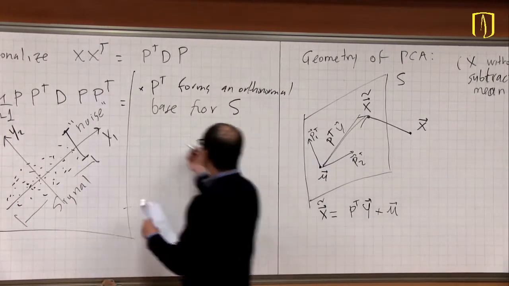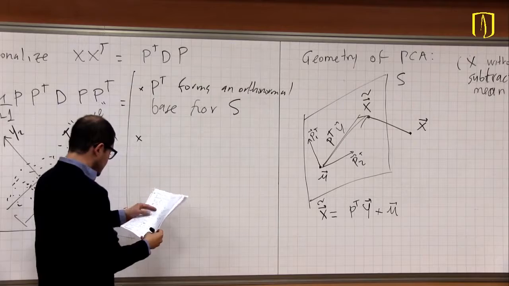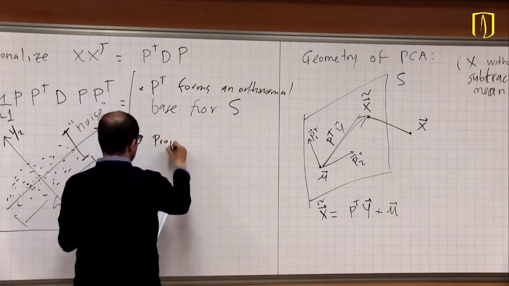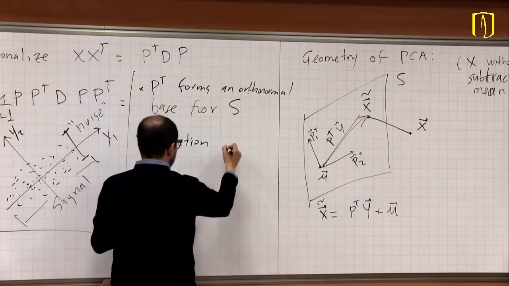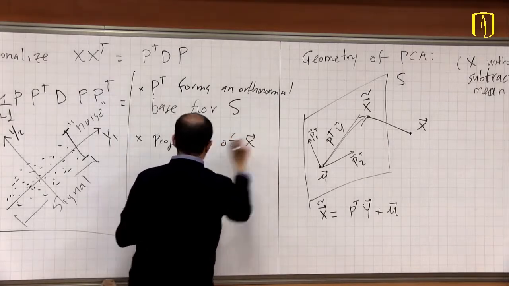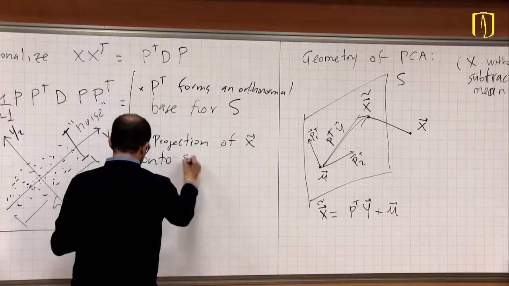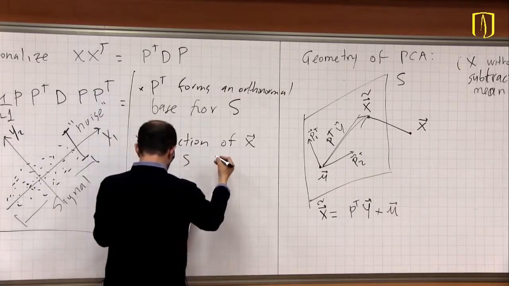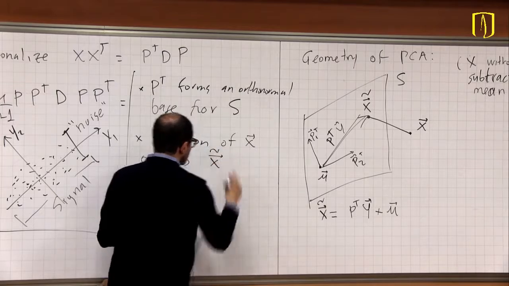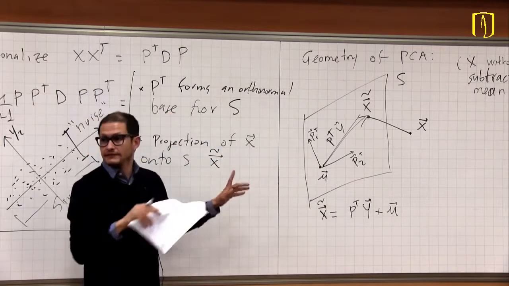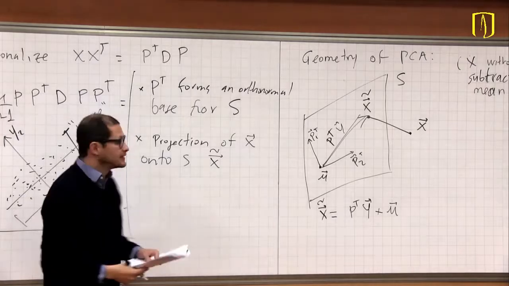So P forms a basis, and the projection of X onto S is the closest you can find if you do PCA.